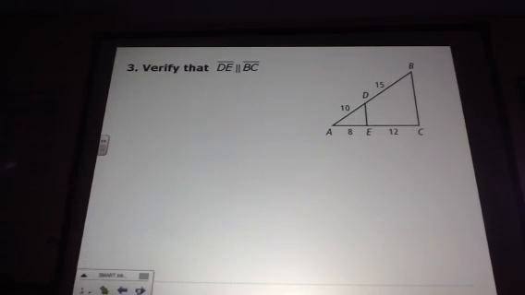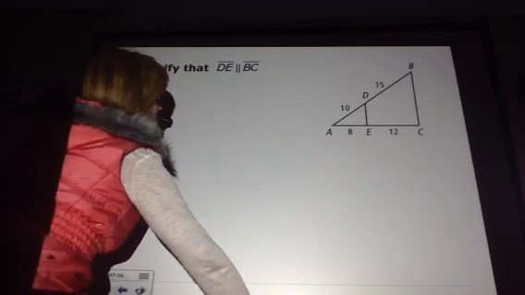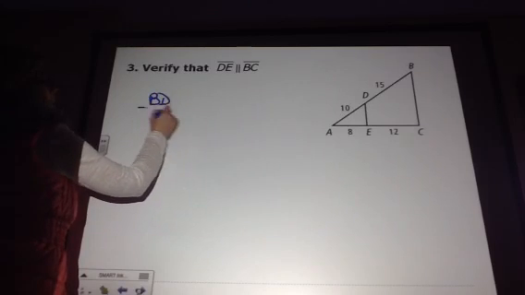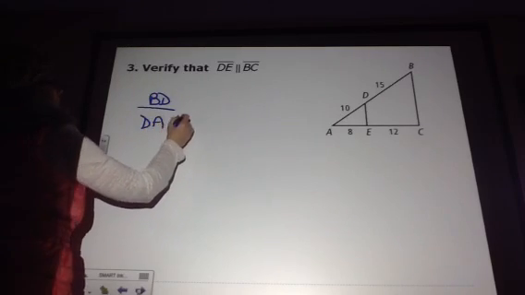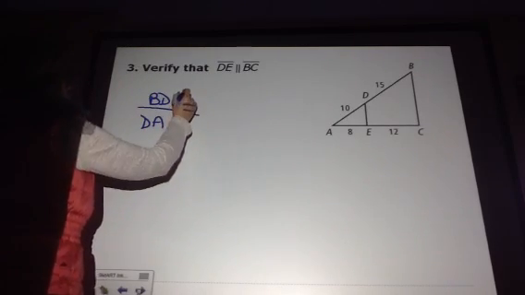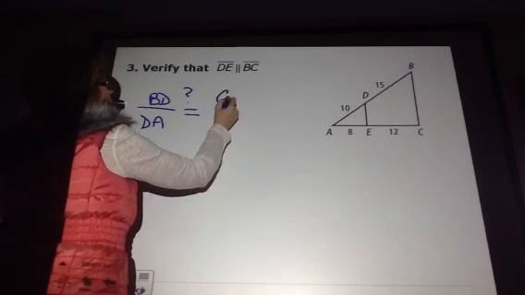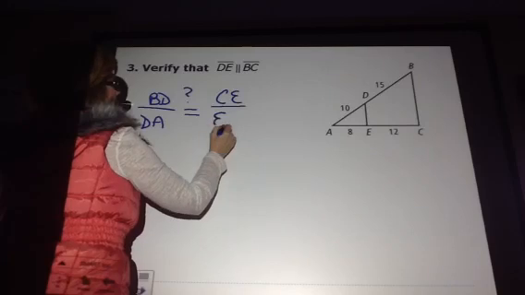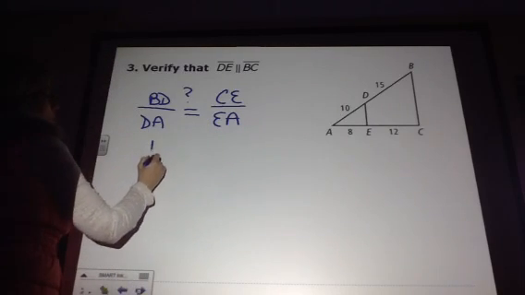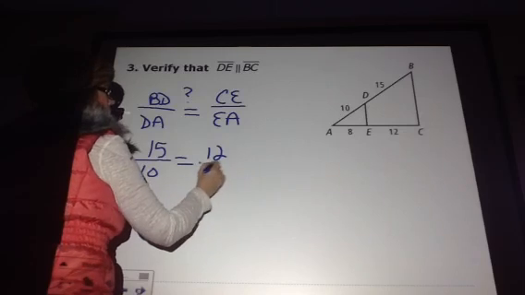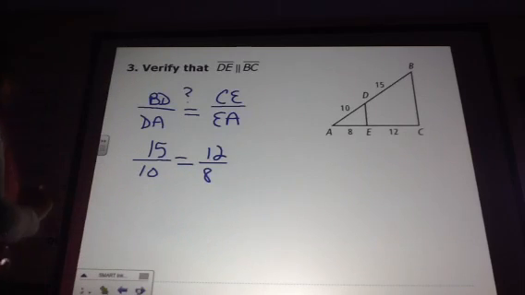So let's prove some of these. All right, so what we have here is BD over DA, and we're going to see if it is equal to CE over EA. So we have 15 over 10 equal to 12 over 8.